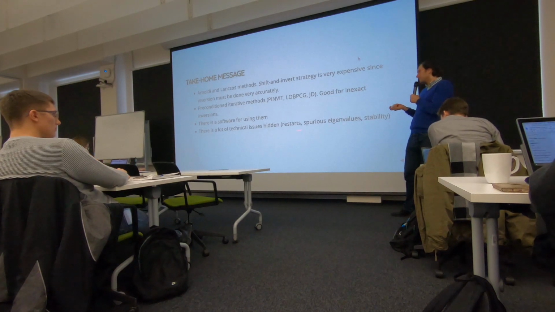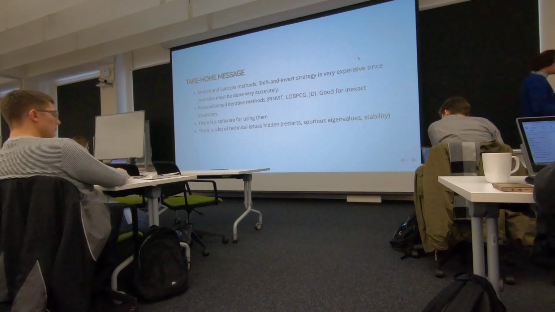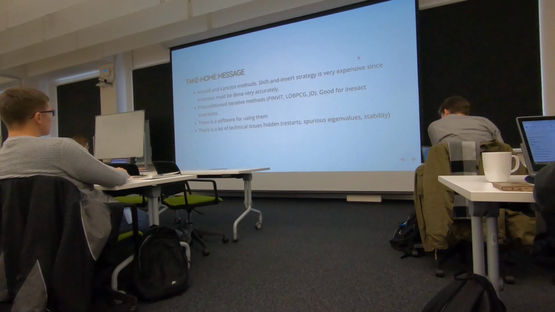So there are a lot of technical, not so technical issues, and from matrix to matrix it may change, and so on. Especially for large scale problems. For example, one problem is that it's also not clear how to check if you did not miss some eigenvalue. You computed some eigenvalue, but maybe there is an eigenvalue in between. It's not so easy to check.